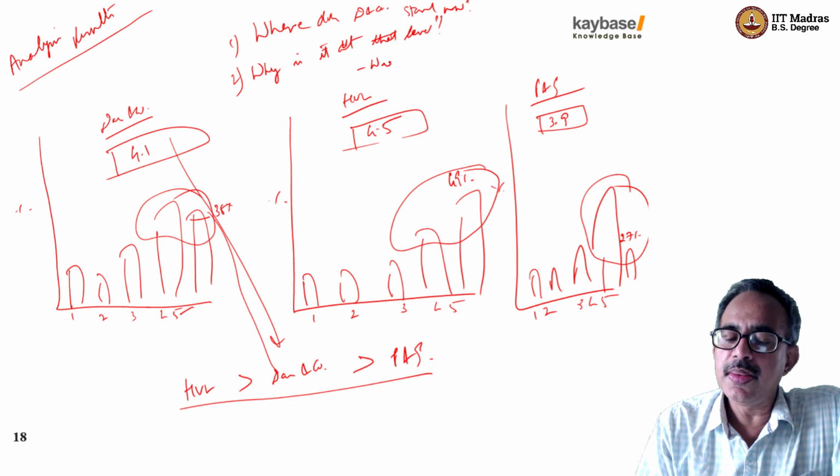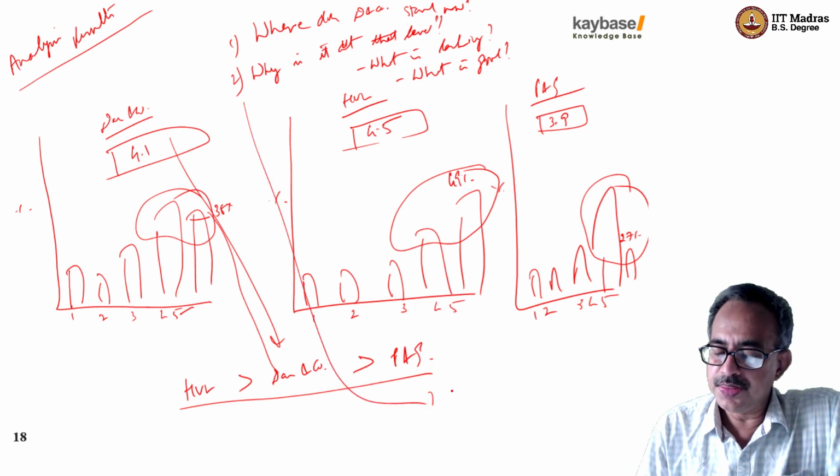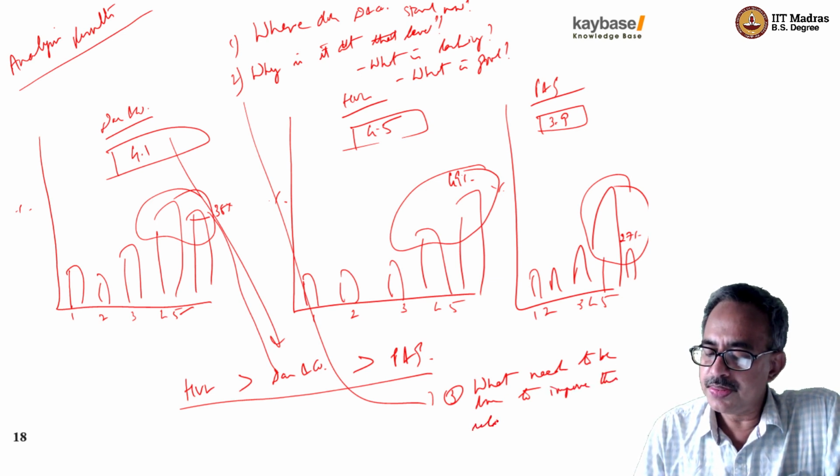What is lacking? And what is good? And the third question would be, what needs to be done to improve the relationship with the channel?